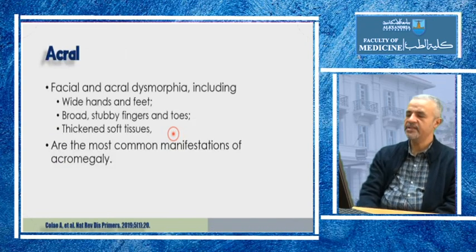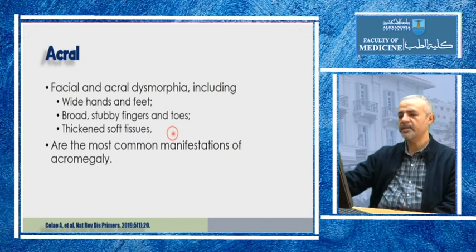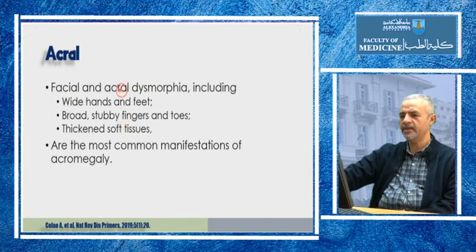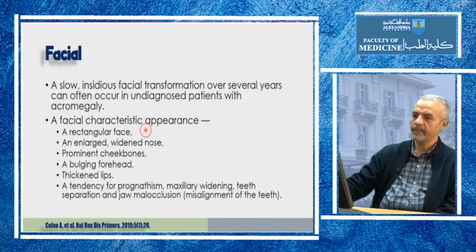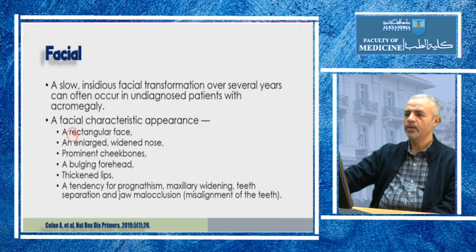For the clinical presentation, the main presentation is in the form of acral dysmorphia and facial dysmorphia. By acral dysmorphia, we are referring to wide hands and feet, broad stubby fingers and toes, thick and soft tissues. For facial dysmorphia, we are referring to a rectangular face, enlarged wide nose, prominent cheekbones, a bulging forehead, thickened lips, and prognathism.